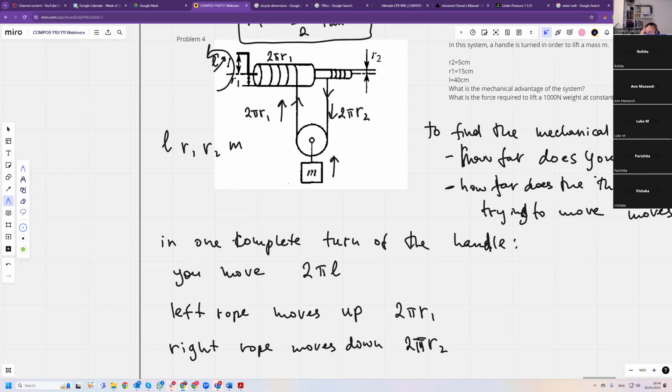You would think that it is 2 pi R1 minus 2 pi R2. But I don't think it is.